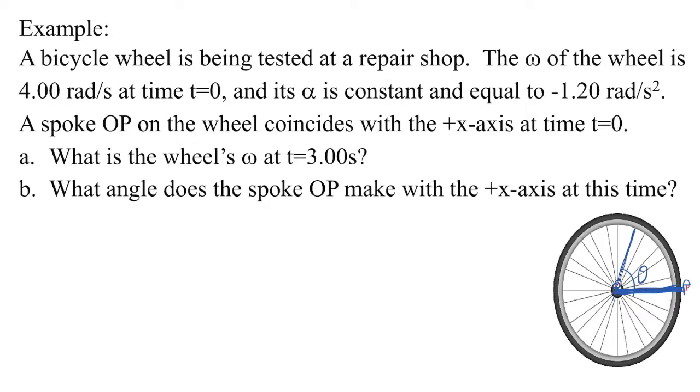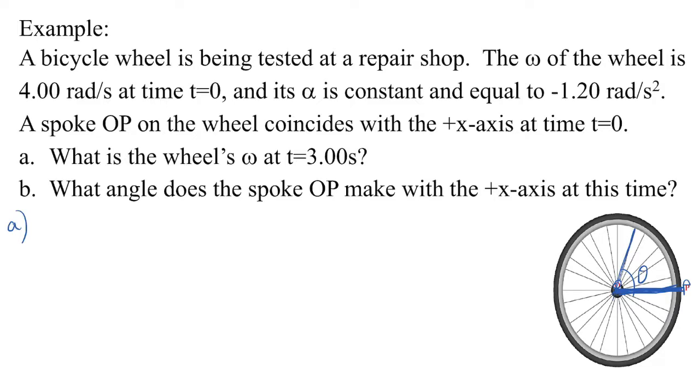Okay, so let's figure out what we're figuring out. What is the wheel's angular velocity at t equals 3 seconds? Okay, so again, I'm just going to use my analogs from the kinematics unit and say, what do I have? I have the initial angular velocity. I have angular acceleration.